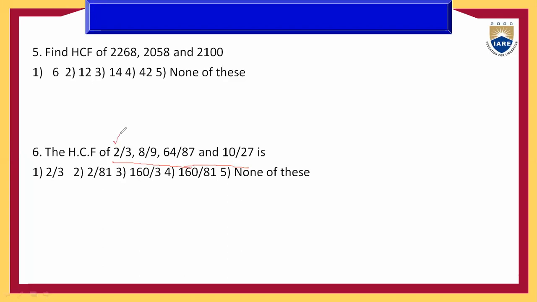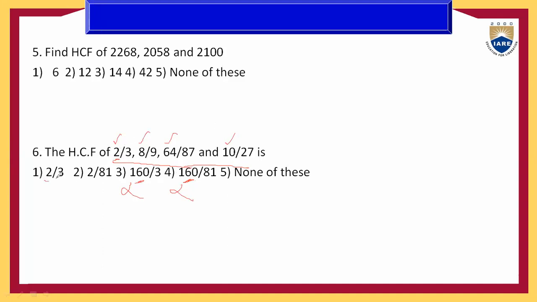So here we find the HCF for 2, 8, 64 and 10. The HCF value is equal to the least value or lesser than the least value. This value is higher than the least value. This value is also higher than the least value. So these two options are not suitable for this question.